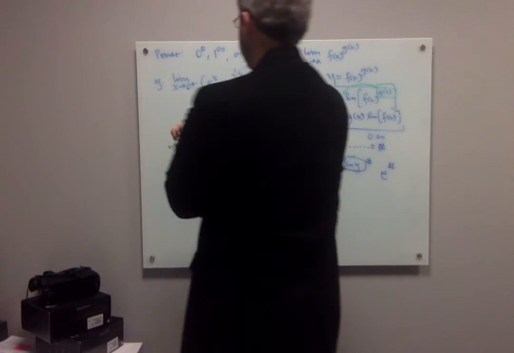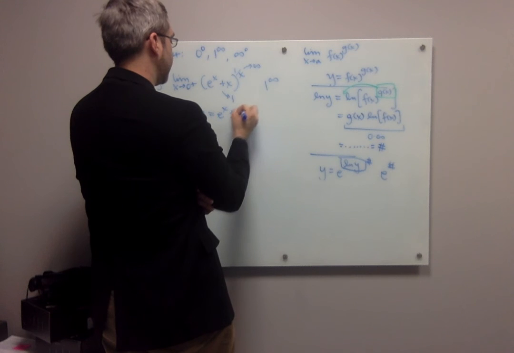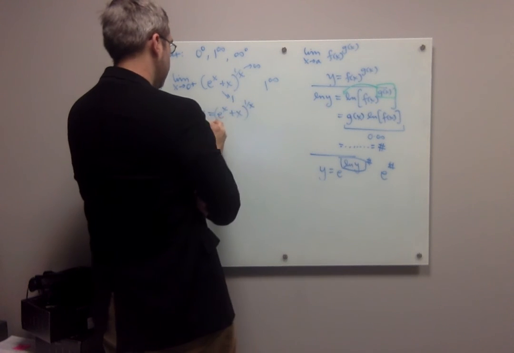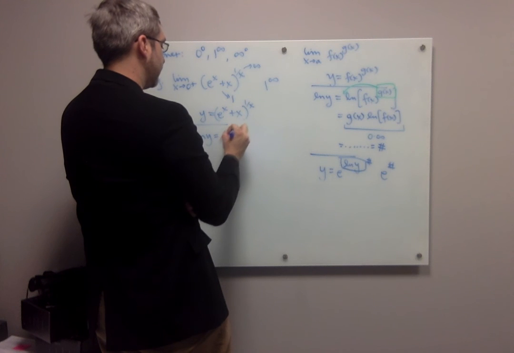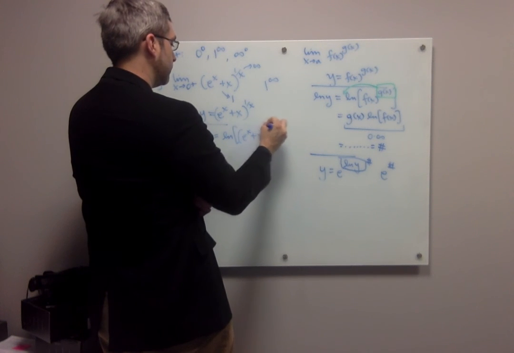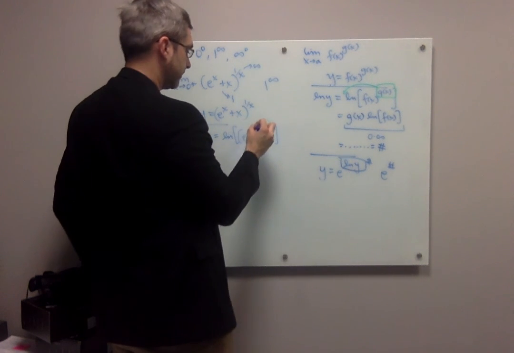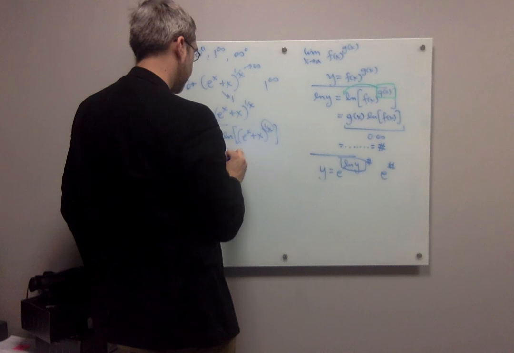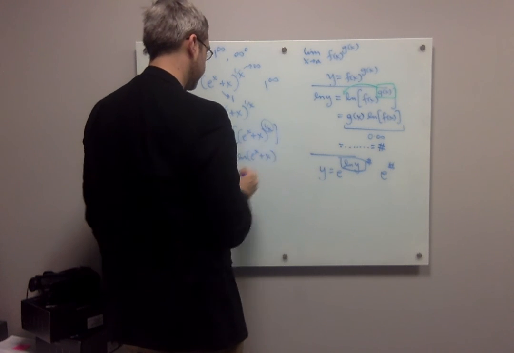So what I'm going to do is let y equal this function, e to the x plus x to the 1 over x. And I'm going to take the natural log of both sides and consider that function instead. Again, the nice part is that that power comes out. So I get 1 over x times the natural log of e to the x plus x.